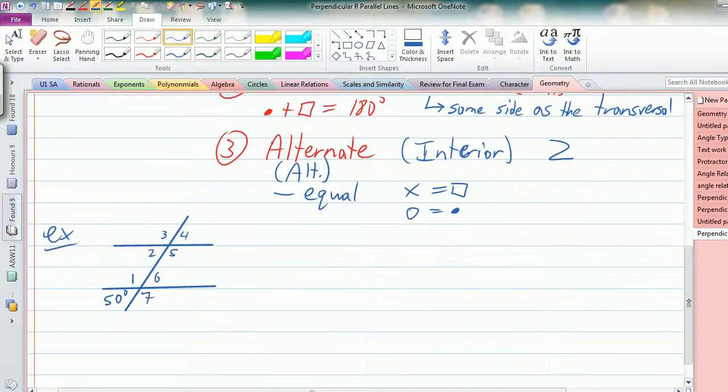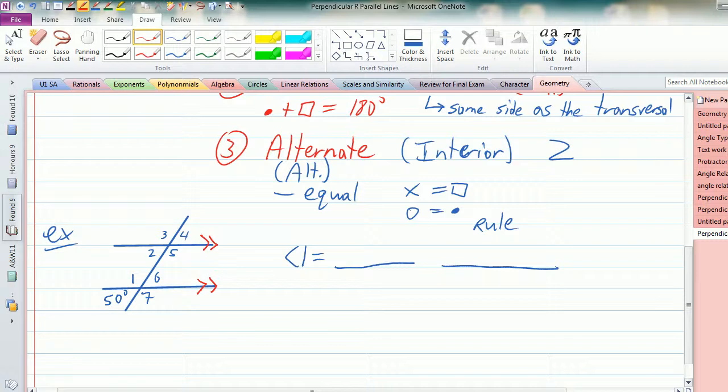Okay. So we're going to start by finding angle 1, what it is, and we'll state the rule. So we want to be able to do both. Now we're going to state all the rules, but when you're doing your homework, you only just state one rule. We know these lines are parallel because I have the parallel line symbol on there. This time I decided to use 2 double arrows.